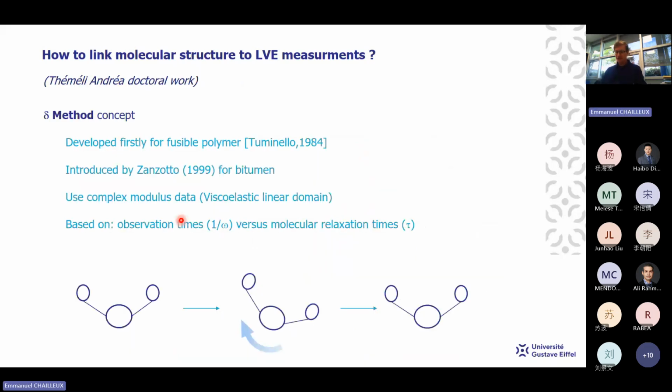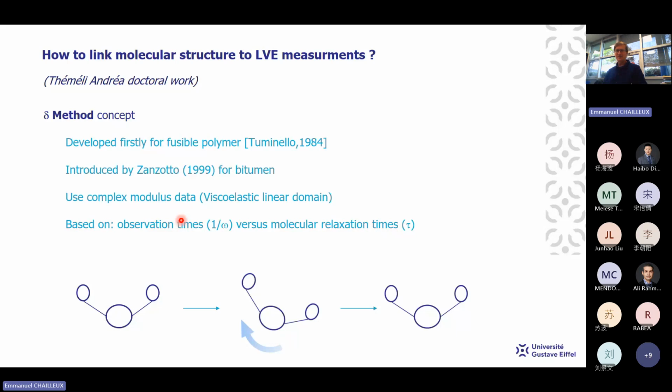So we can use this continuous molecular structure to make the link between the linear viscoelastic measurement and the molecular structure. For this, we use what we call the delta method concept. It is a method strongly developed for fusible polymers, for thermoplastics, for polyethylene for example, and other types of polymer.